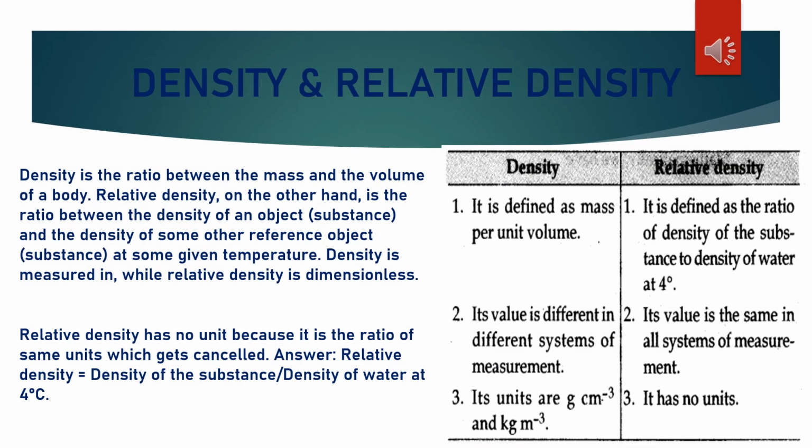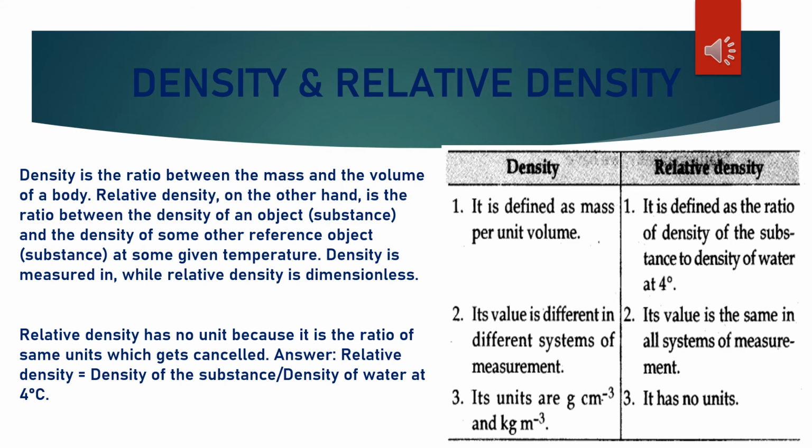Now, density and relative density. Density is the ratio between the mass and the volume of a body. Relative density, on the other hand, is the ratio between the density of an object, that is substance, and the density of some other reference object or substance at some given temperature.